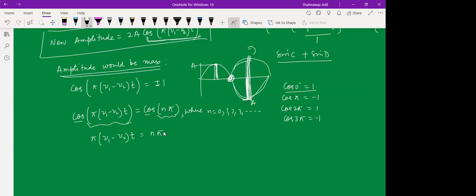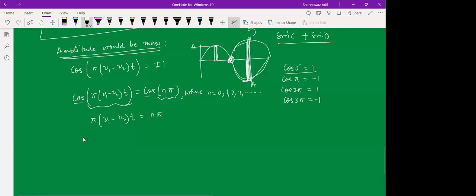So then this would be how much? This would be nu1 minus nu2, and we call this the beats frequency. So pi will cancel, and this would be n by t. Right.